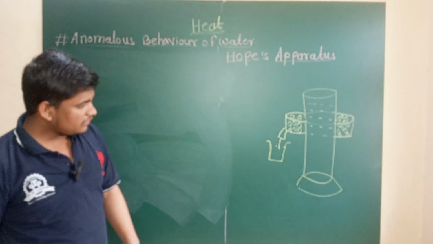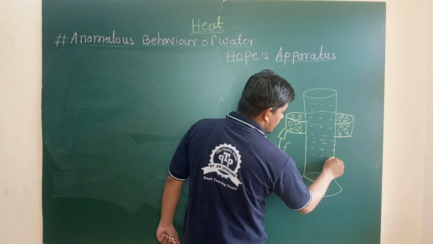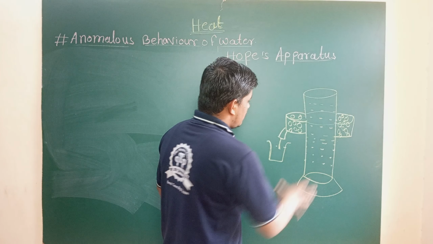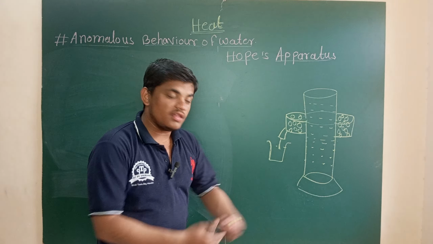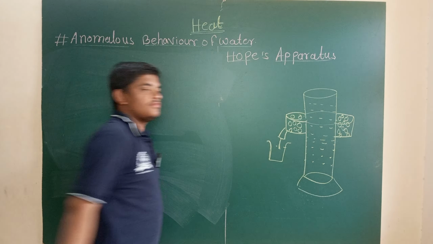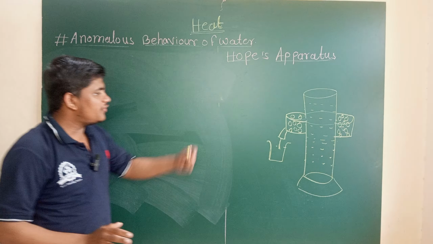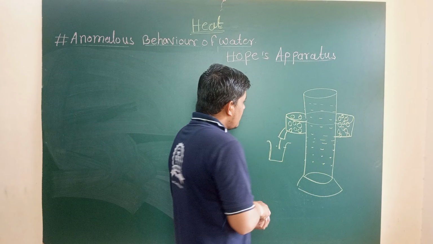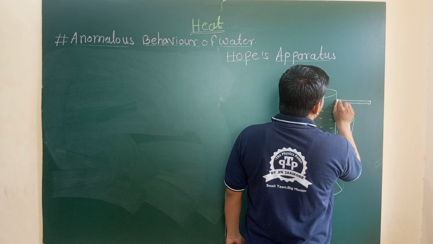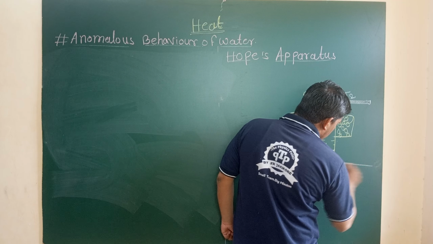This is Hope's apparatus. We take a cylinder filled with water, and the flat bowl surrounding the cylinder is filled with a freezing mixture, or cooling mixture, which is a mixture of salt and ice. Two thermometers are connected, one above the freezing mixture which measures the temperature T2, and one below the freezing mixture which measures the temperature T1. They measure the temperature of the water inside the cylinder above and below the freezing mixture.